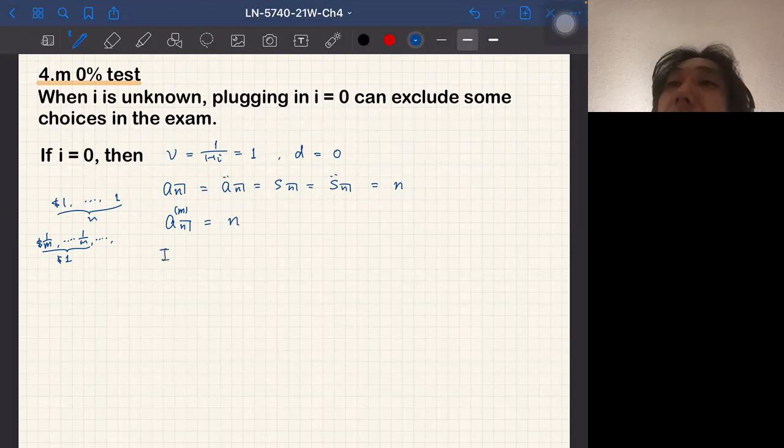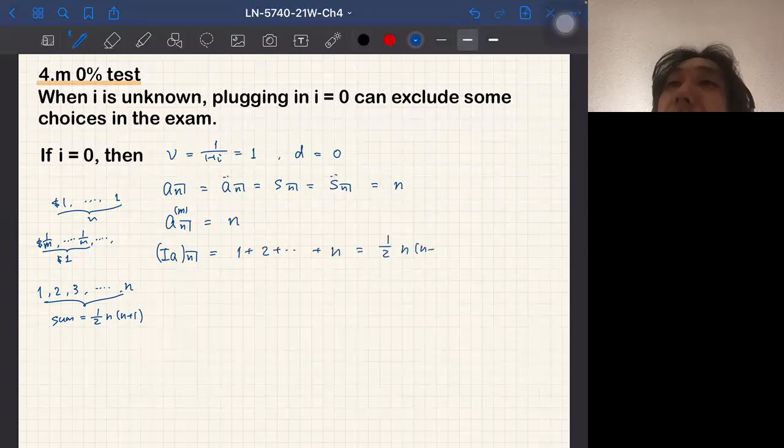How about the increasing annuity? The increasing annuity for n years has the payment sequence from 1 to n, and this summation is, by simple algebra, 1/2 times n times n plus 1. So that means the increasing annuity, Ia angle n, is equal to 1/2 times n times n plus 1.